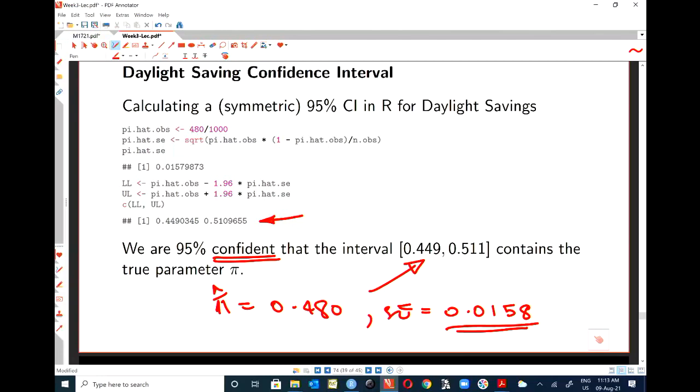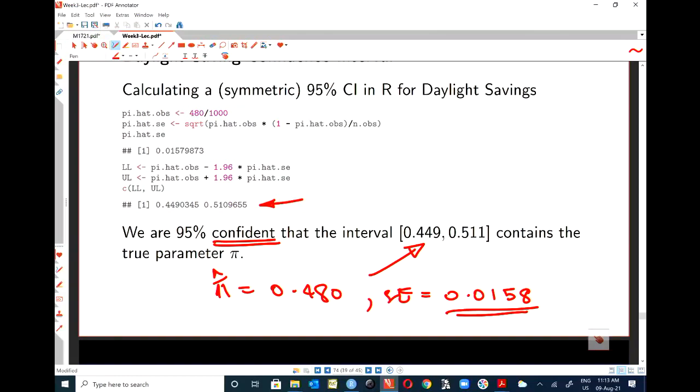As opposed to somebody else's estimate that may still be 0.48. For example, if I base it on a sample of size 100, then I've got, say, 48 as my number of yeses, then my pi hat is still 0.48, but my standard error will be larger in that case. So I know my estimate is better than yours because it has a smaller standard error.